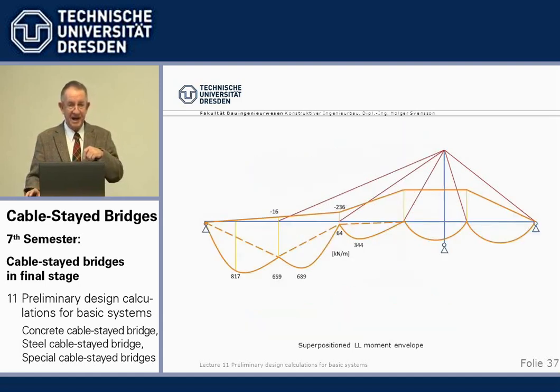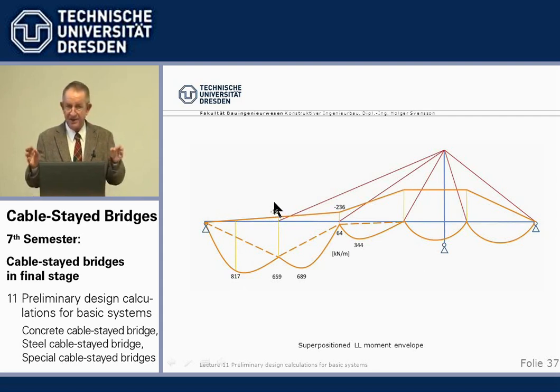Then we combine the precise moments from the unit loads to a moment envelope from live load, so that at every cable anchor point and midspan, we have the biggest positive and the biggest negative moment from live loads.